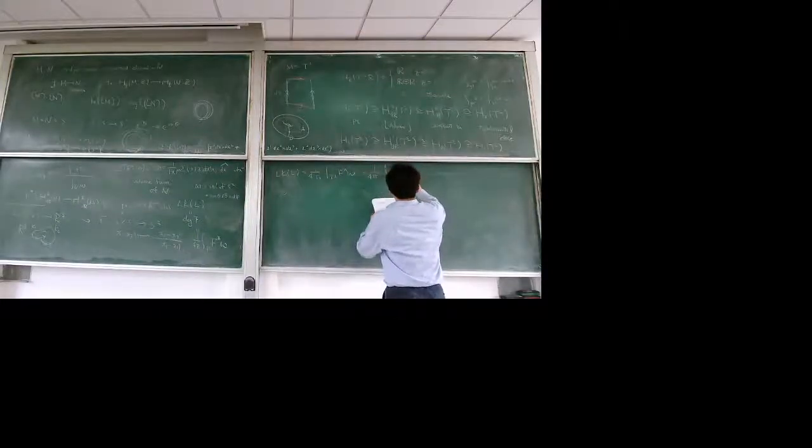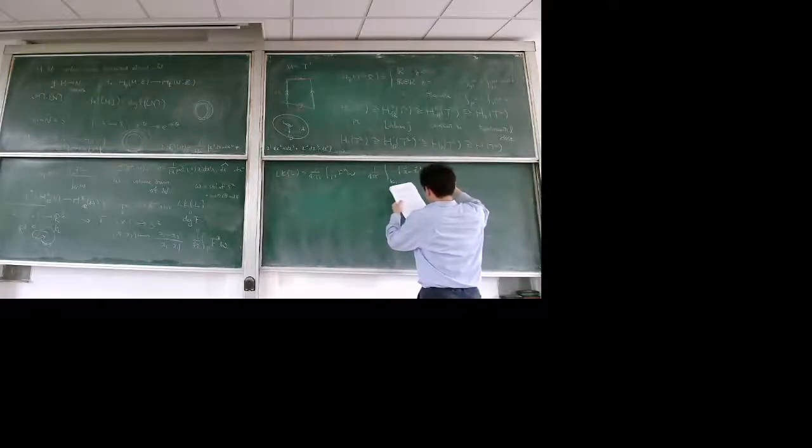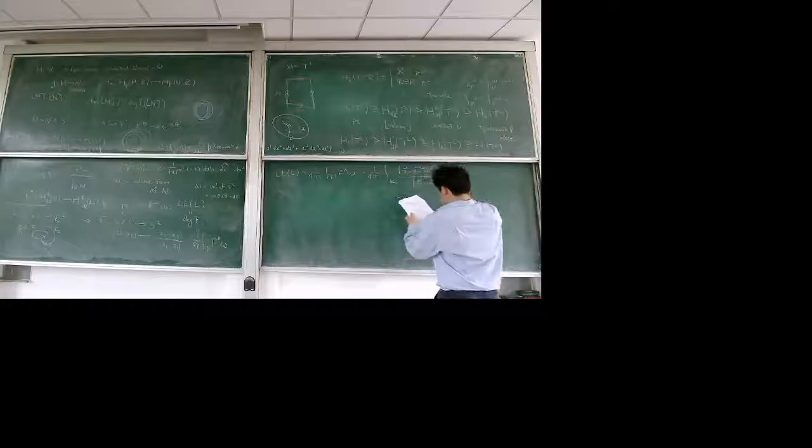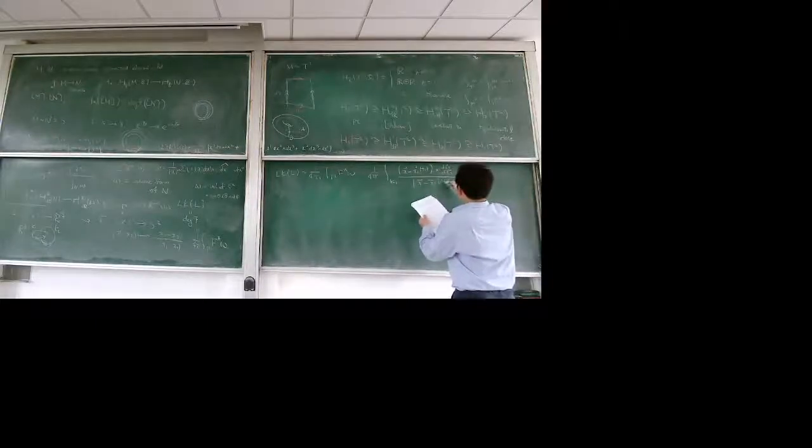K1, x minus x1(t1), times dx1 dt1, over x minus x1 cube.